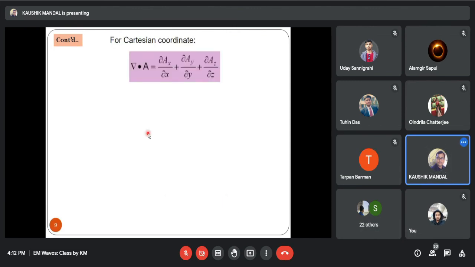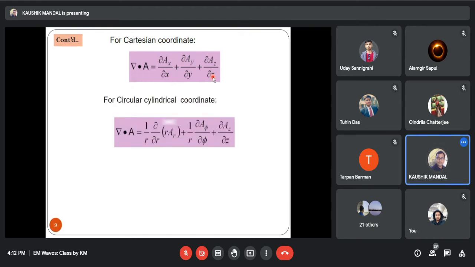Now the divergence of A we can write in this particular form: del Ax by del x, plus del Ay by del y, plus del Az by del z. This is in the Cartesian coordinate system. In the cylindrical coordinate system, the divergence of the vector can be written in this form: 1 by r del by del r of r Ar, and so on, that is, you have to consider Ar, A phi, and Az.